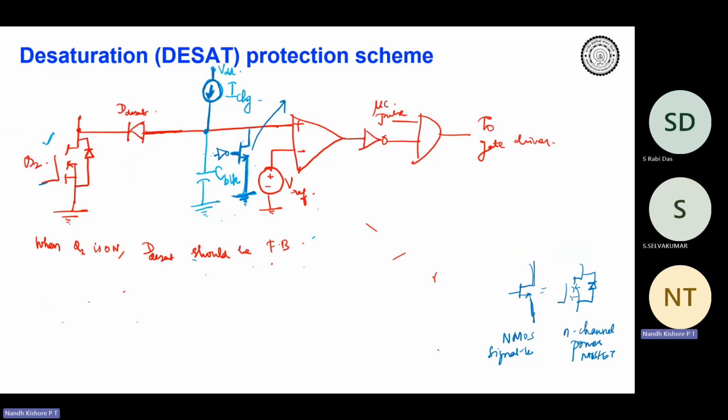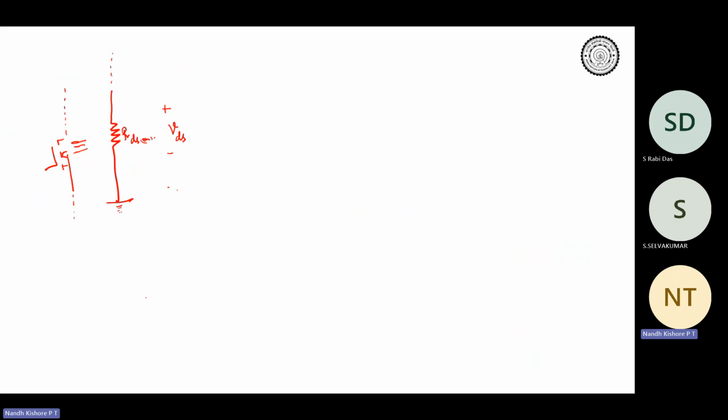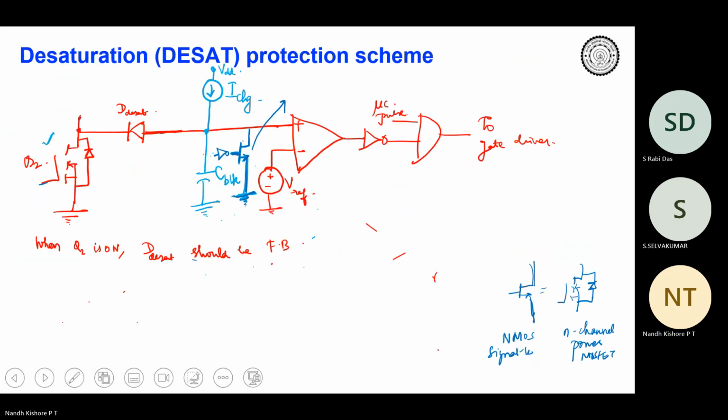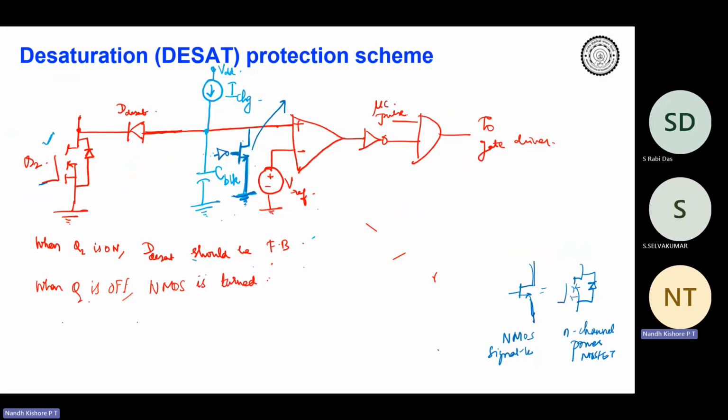So we just saw that when Q2 is turned off, let me write over here. When Q2 is off, then what we saw was that since the NMOS is getting a signal which is a NOT of Q2, the NMOS is turned on, correct?